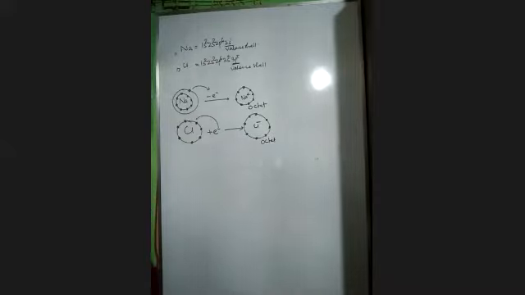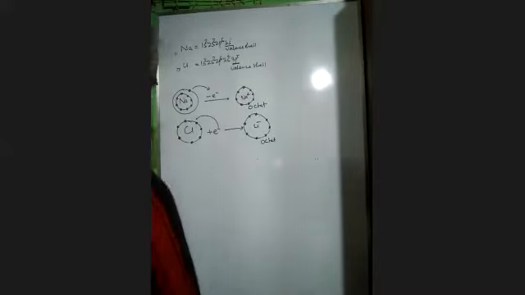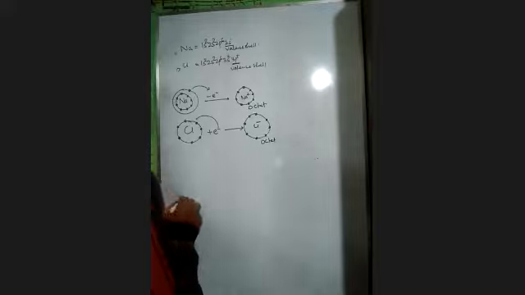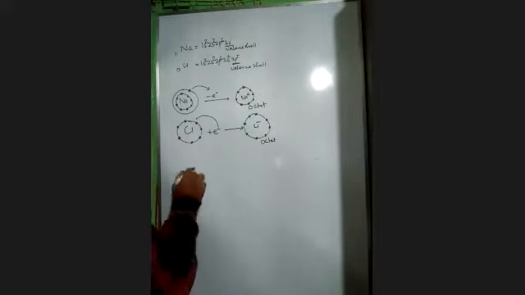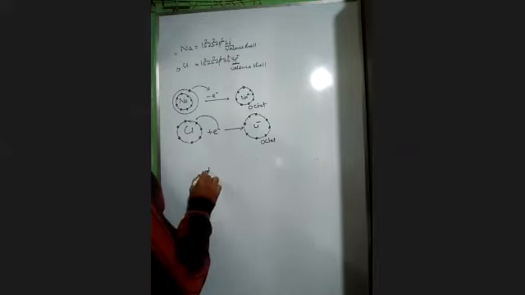So they have formed sodium ion and chloride ion. So they have to stabilize themselves. How they stabilize? There will be attraction between positive and negative.